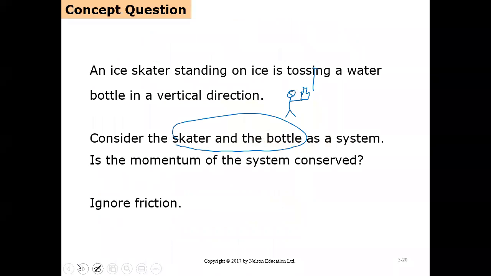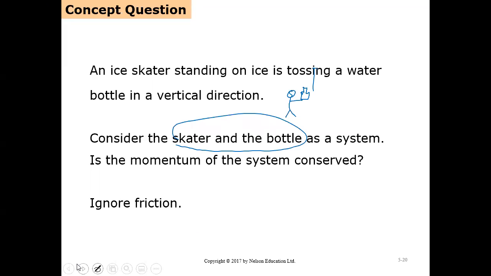So now let's come back to this question. Ice skater standing on ice, tossing a water bottle in a vertical direction, considering the skater and the water bottle as our system, can you say the momentum of this system is conserved? All you have to do is see whether the net force is zero or not.